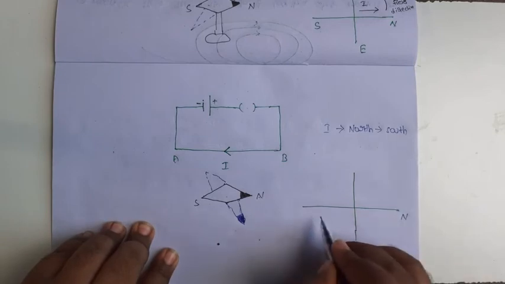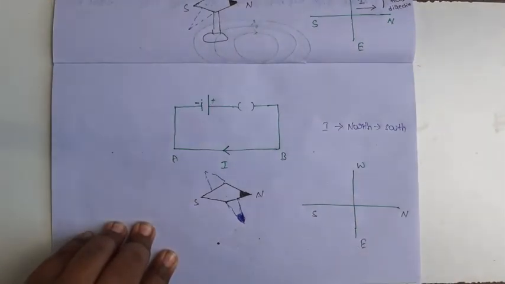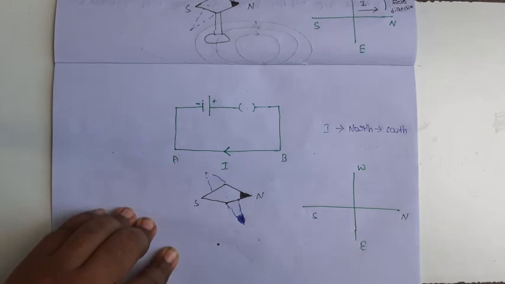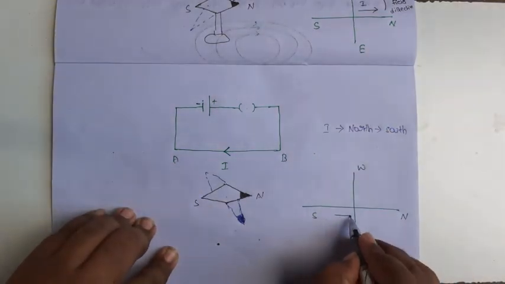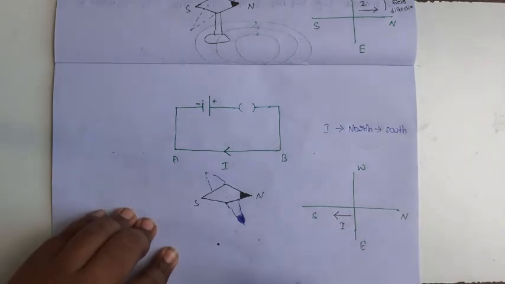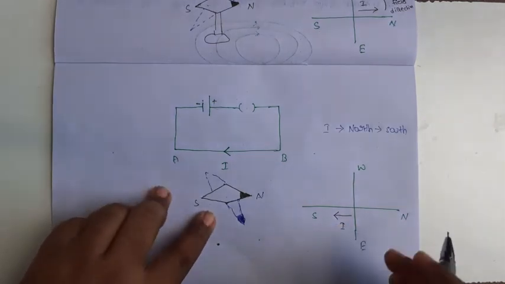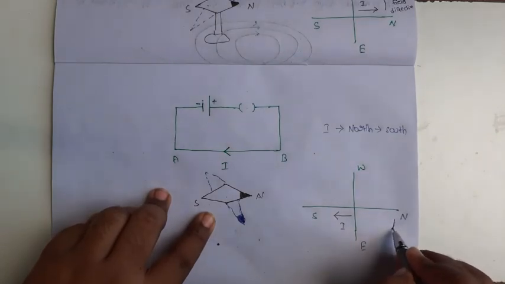This is the north, this is the south, west, east direction. Current flows from north to south direction. This is the direction of the current. Due to the electric current, the magnetic needle will deflect from north to east direction.